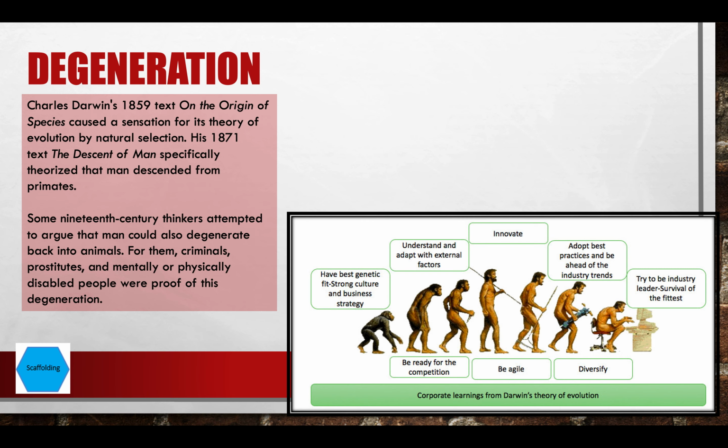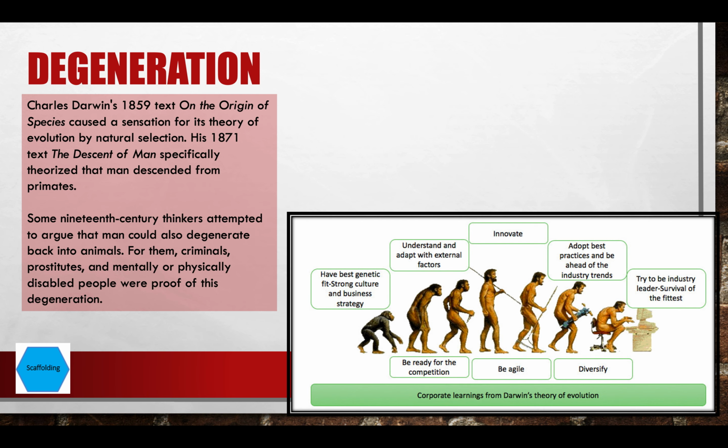So I actually got this image on the screen now from LinkedIn, and it kind of shows the evolution of man through a kind of business sense, a business lens.